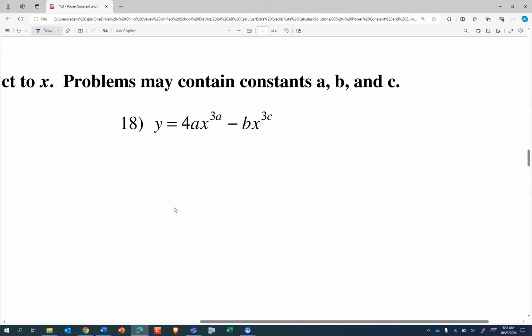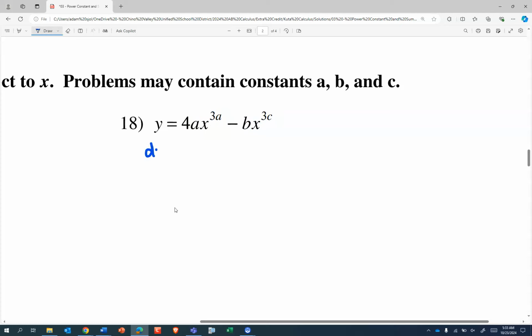And, okay, so this is going to get a little bit weird. 4a counts as a constant, b counts as a constant, 3c counts as a constant, 3a counts as a constant. So, I guess we'll just keep doing what we've been doing.